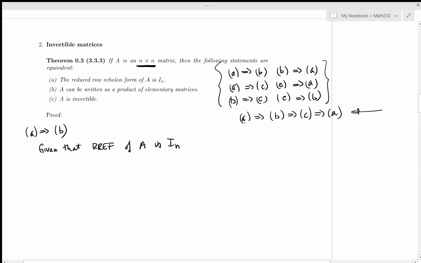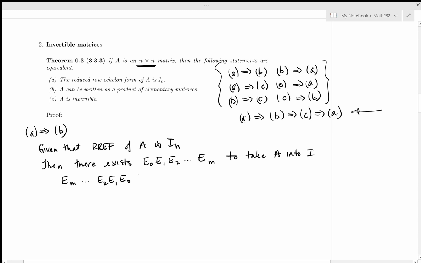So there exist E_0, E_1, E_2, however many you need, up to E_M, to take A into I. It looks like this: E_M, and so on all the way down, E_2, E_1, E_0, and then A equals I_N.